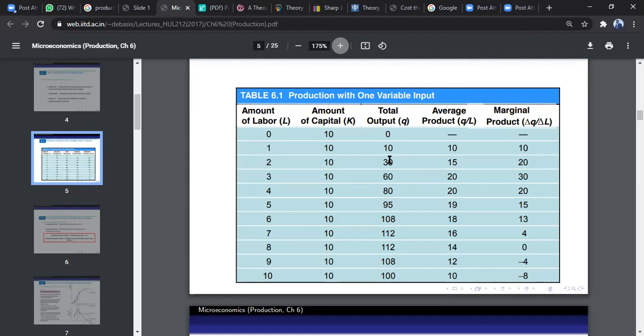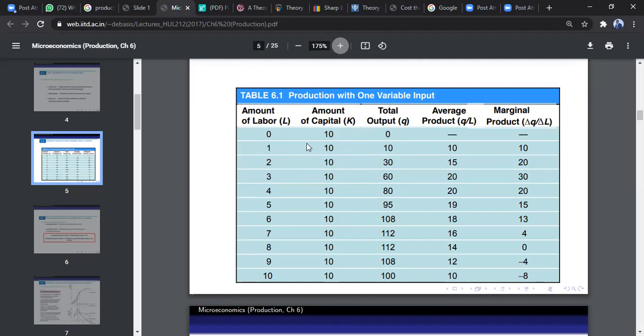So when we divide our total product Q by the labor unit, what we get is called the average product.